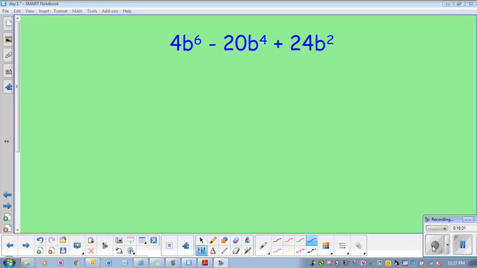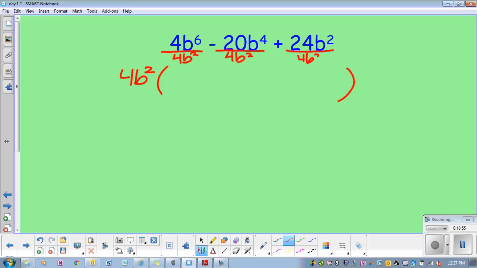All right, let's look at the next one. So, first step in factoring, GCF. Does this one have a GCF? Yes. 4b squared. Okay. Divide everybody by 4b squared. So if you have b to the 6th on top divided by b squared, how many b's do you have left over? 4.